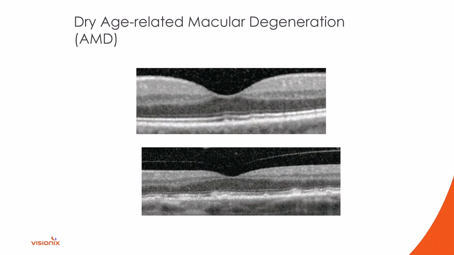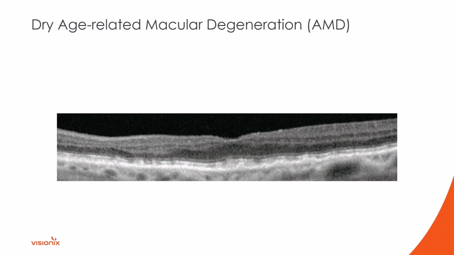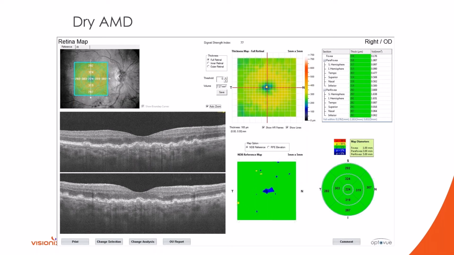This is, again, a bumpy outer retina, RPE. You can have a disruption of the photoreceptor integrity line, but again, no fluid is present at this point, either at the subretinal space or the intraretinal space. Again, dry macular degeneration looks very good here. I wouldn't be suspicious. And again, a classic picture of dry macular degeneration.